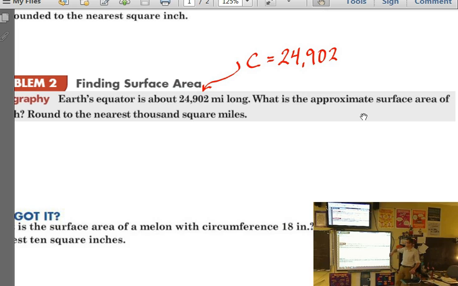To derive the radius, we know that this is 2 times pi times the radius, so we divide by 2 pi. Because remember, circumference is really pi times diameter. So, Caleb, if you just divided by pi, you'd get your diameter. If you divide by 2 pi, you get your radius.